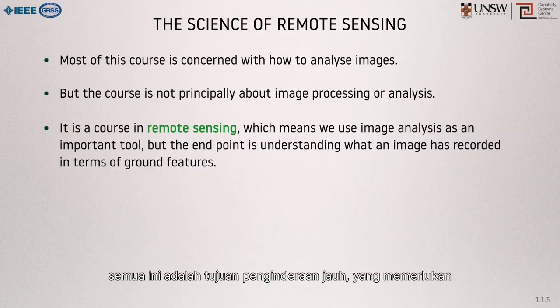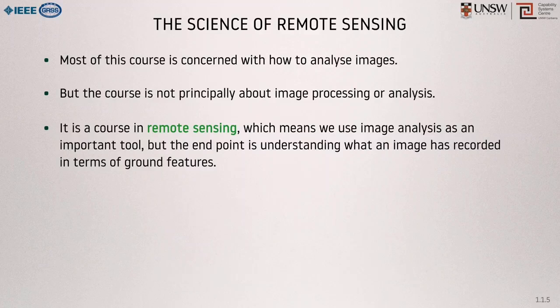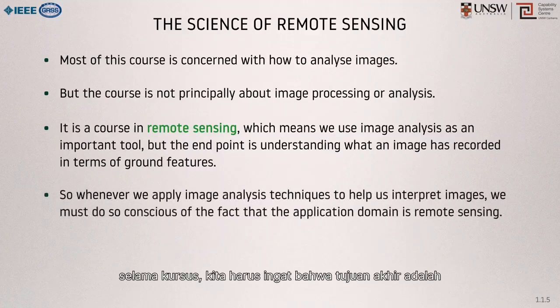These are all objectives of remote sensing. But to achieve those objectives, we need to engage in the process of computer-based image interpretation. So, and this is an important point, it is important at all times during our course that we keep in mind that the endpoint is remote sensing and not image processing for its own sake.